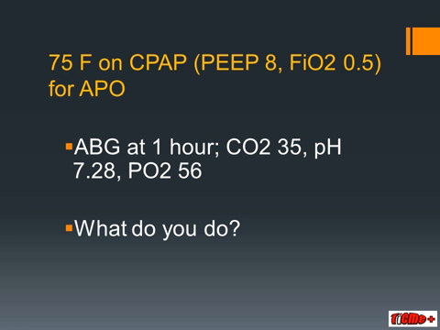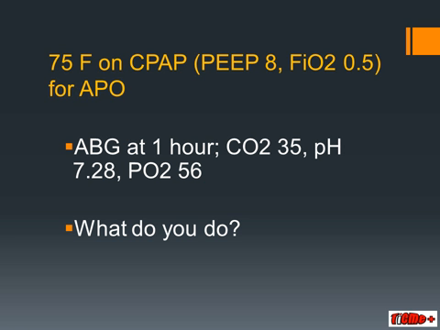Okay, so in this patient with a normal CO2 and the pH is slightly low, there's clearly a metabolic acidosis. We don't really need to fix the CO2 at this point because it will be helping to compensate the metabolic acidosis, and the PO2 of 56 shows us that the patient is still hypoxic.